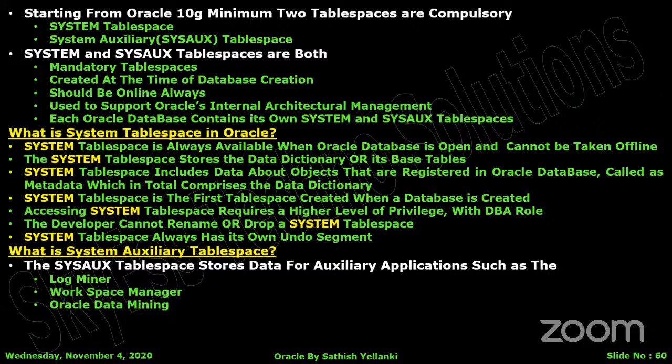Now, don't get into the data mining. When I say that, don't think that it's a field of data mining. Oracle itself will keep all its operational information in such a huge amount of database.